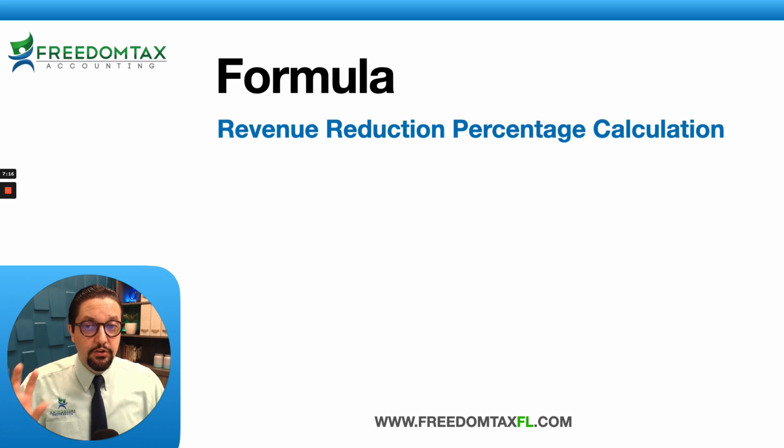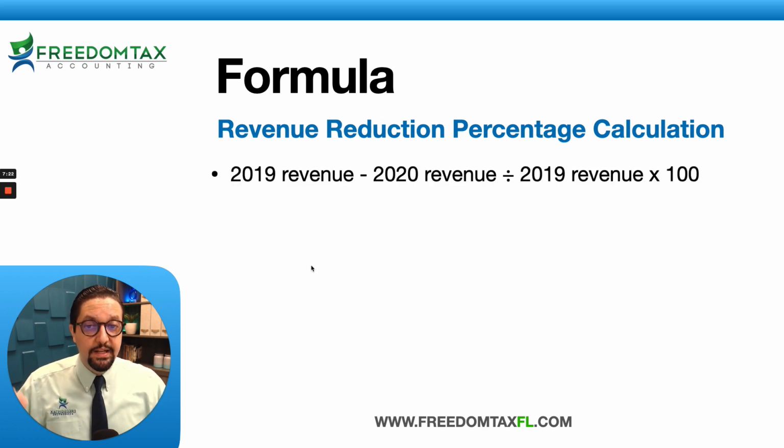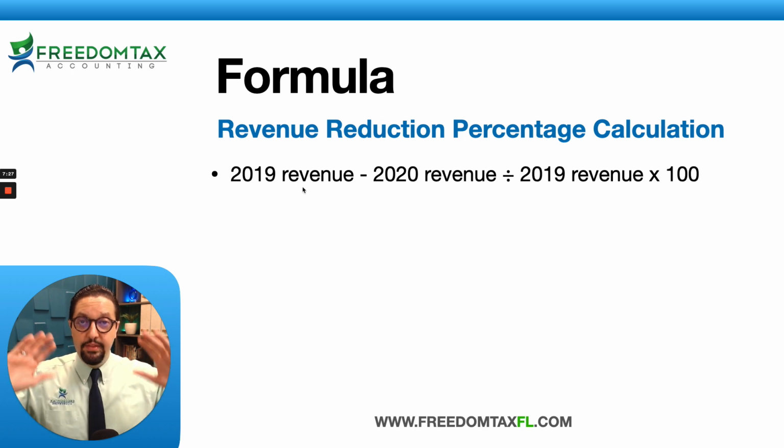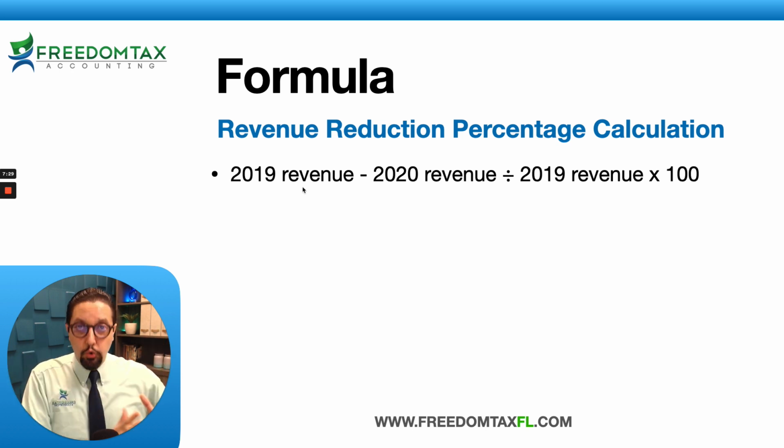So let's go to the formula on how to get the revenue reduction percentage. You need to take the 2019 revenue, either the annual or the quarter you're going to use to compare.